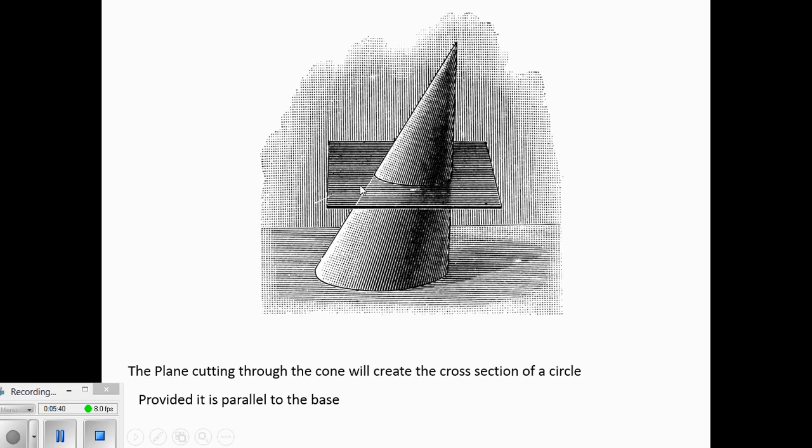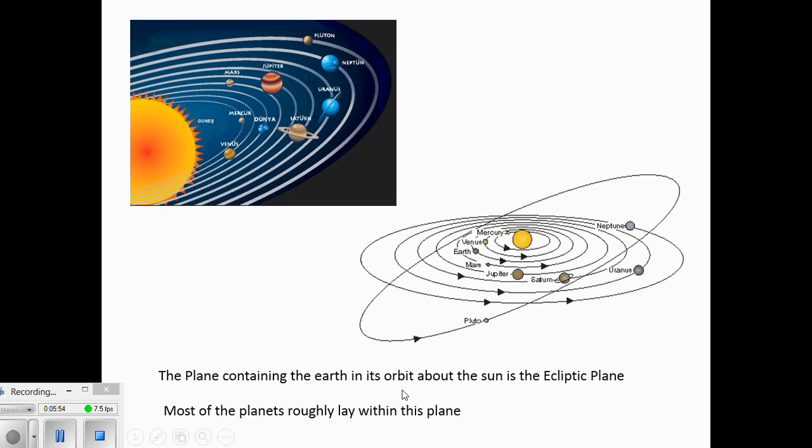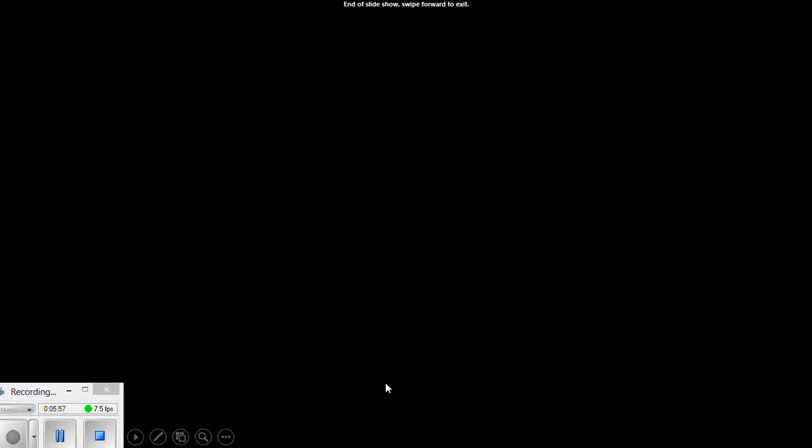In this case, we would say it's a circle, but imagine that this plane was at some angle relative to the base. What kind of shape would be formed under those circumstances? So, things to think about. And there's the other one, the equatorial plane, the plane of the planets in their orbit around the sun. Just some interesting things for you to think about.